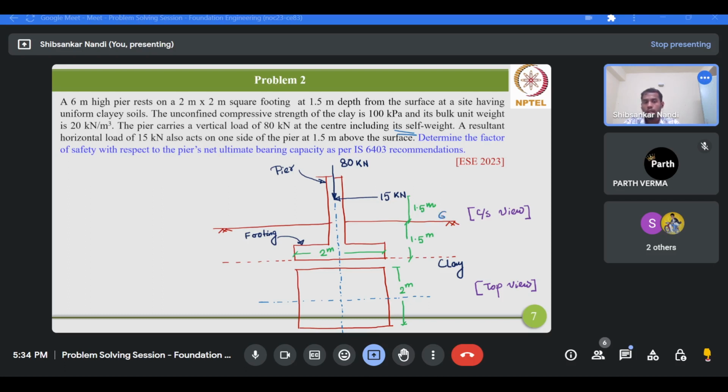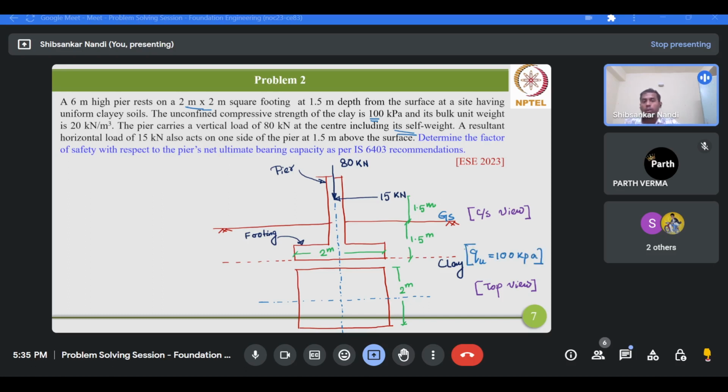Okay, so this is the ground surface. Now this pier is resting on a square footing of dimension 2 meter by 2 meter, and this footing is rested at a depth of 1.5 meter below the ground surface on uniform clay soils. Now what is the unconfined compressive strength of this clay? It's basically 100 kPa. That means qu is given as 100 kPa.